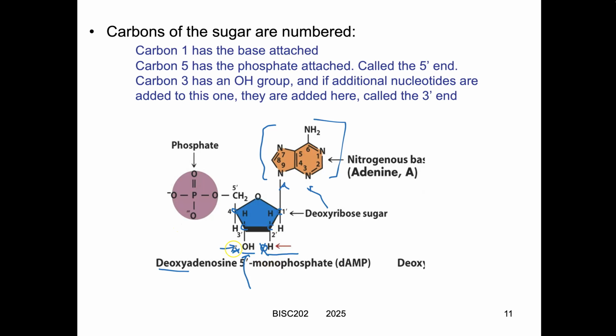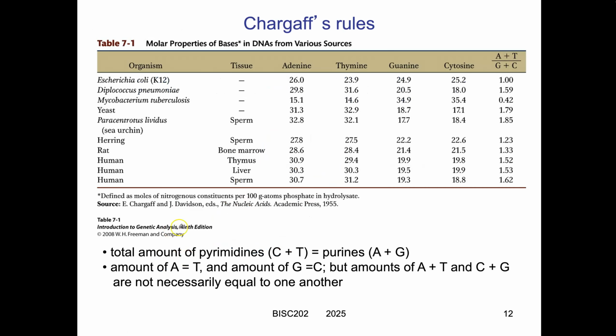Let's see. I think that's everything that's important to know at this point. And then we'll finish with Chargaff's rule. So Chargaff and his research group were studying the components of the different bases of DNAs from lots of different kinds of DNA.